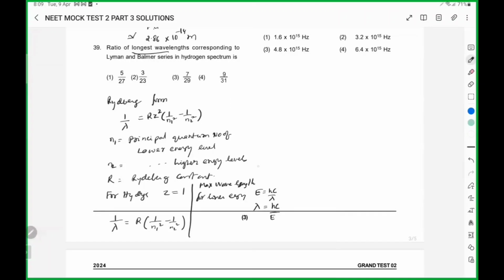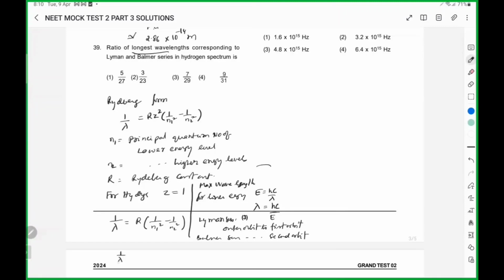So from outer orbit to the first orbit in case of Lyman series, and in case of Balmer series, outer orbit to second orbit.